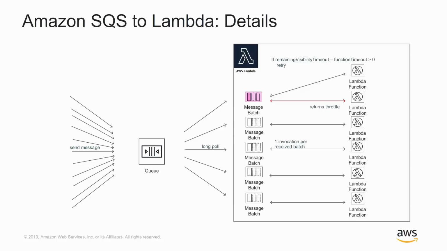And one of the recommendations because of that is, when you configure the visibility timeout for the queue, configure it to be 5 or 6 times as much as your Lambda function timeout, just so you can give this mechanism an opportunity to retry with a different Lambda function. And that is key. It's actually mentioned in the documentation as a recommendation for configuring the visibility timeout with the SQS to Lambda integration.